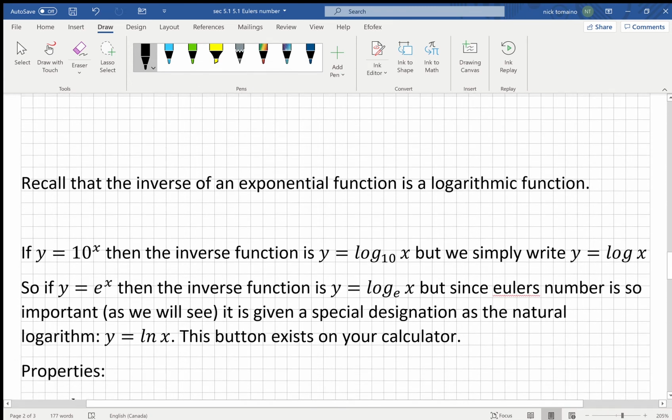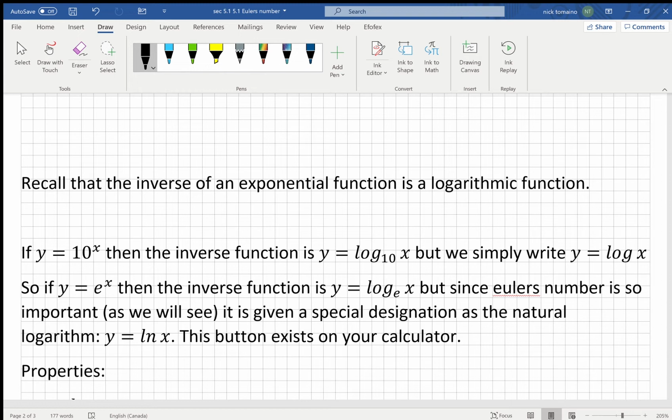Okay, so recall that the inverse of an exponential function is a logarithmic function. So what we learned about advanced functions is the base power 10 function. So instead of y equals 10 to the x, the inverse is y equals log base 10 of x, but we just write y equals log x without the 10 because that's the default.